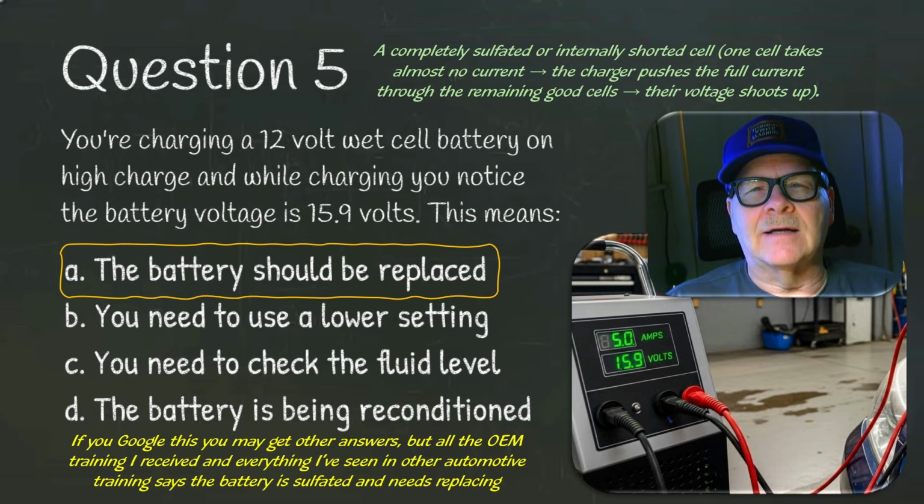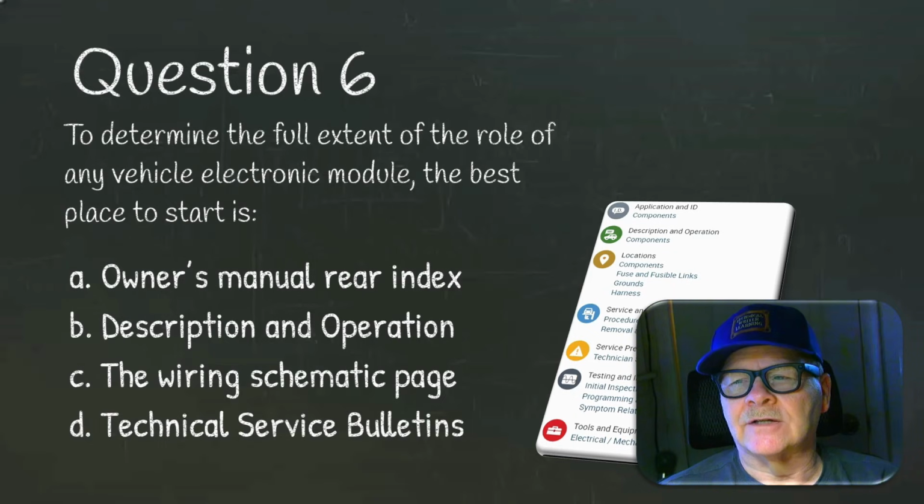The first time I was told that was in Jacksonville, Florida, at a Mazda school back in 1983. And every school and every automotive training book since then says replace the battery if it's more than 15.6 volts after you've been charging it for 3 minutes. I think that's part of Sun's 3-minute battery test too, which has a lot of other things you have to do.